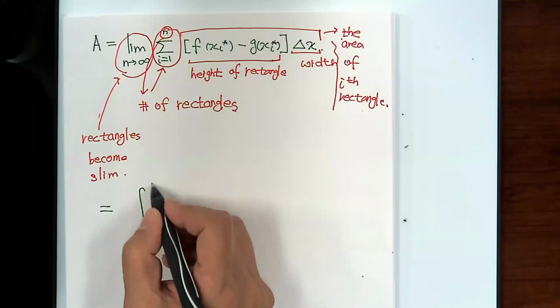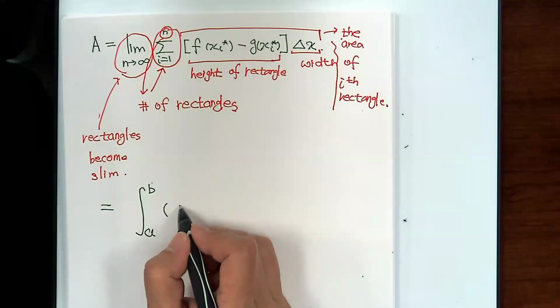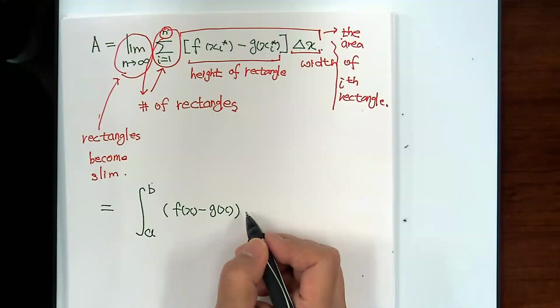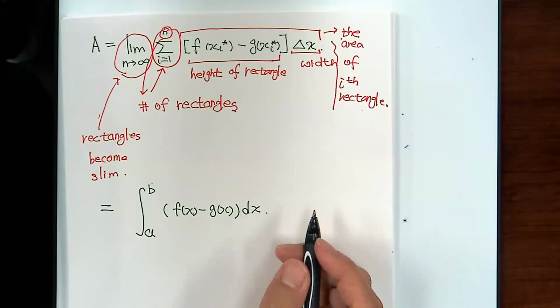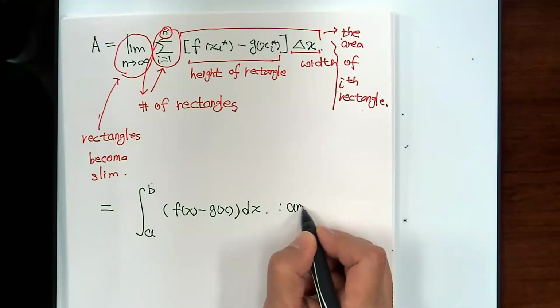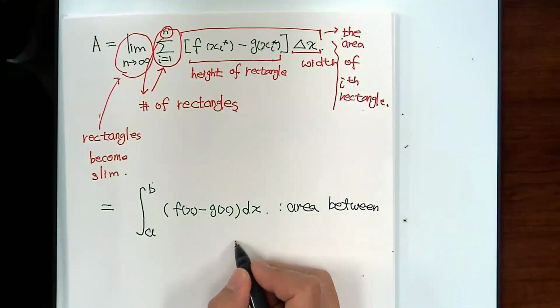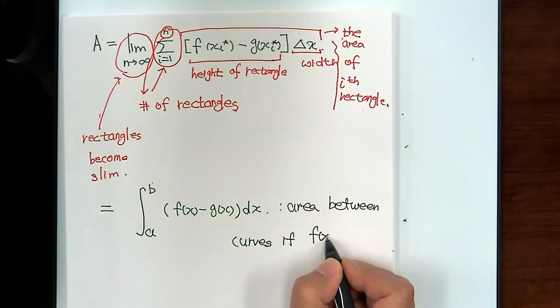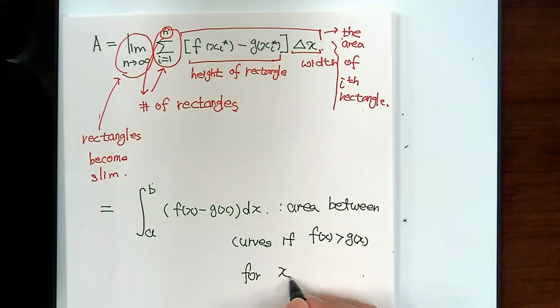We denote the lower and upper bounds, a to b, and f of x minus g of x, and delta x, when it is extremely thin, is denoted as dx. So that is the area between curves if f of x is greater than g of x for x in a to b.